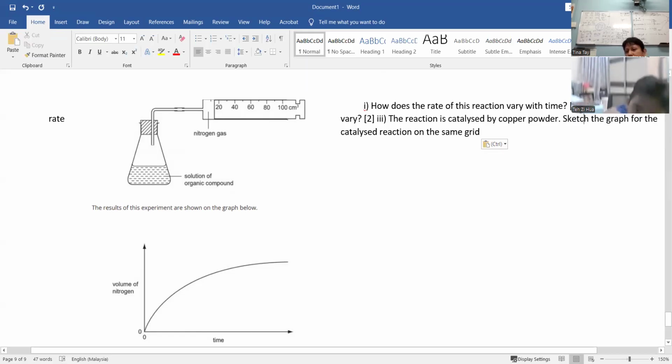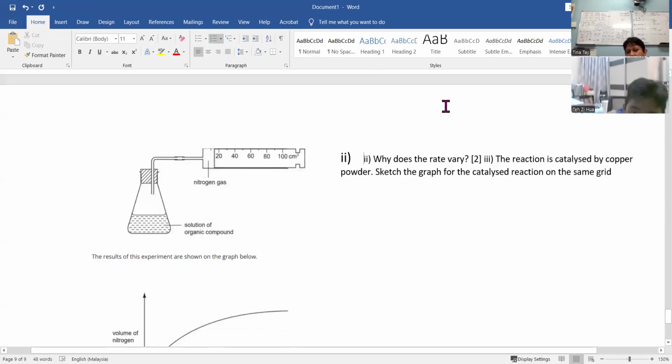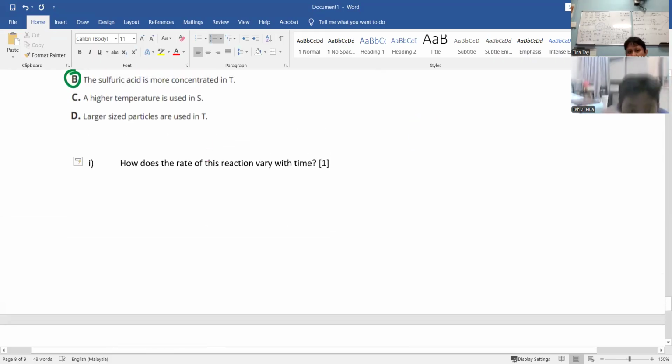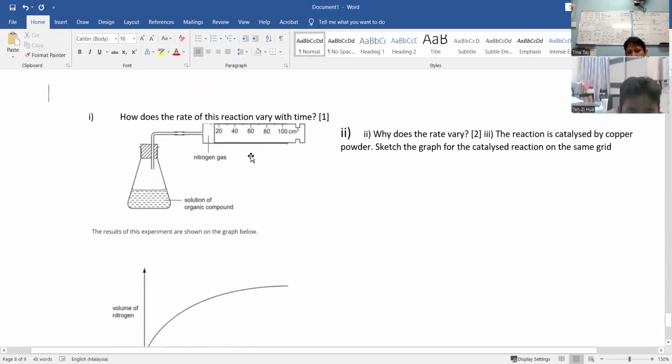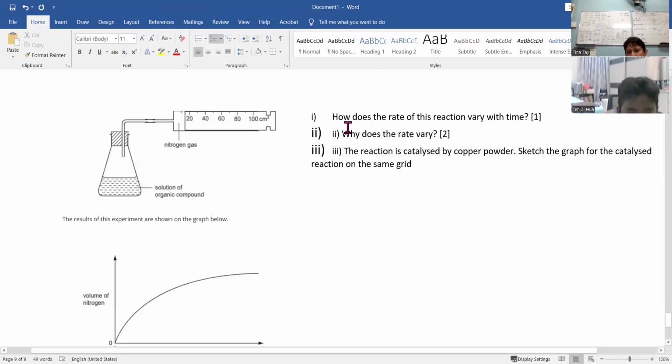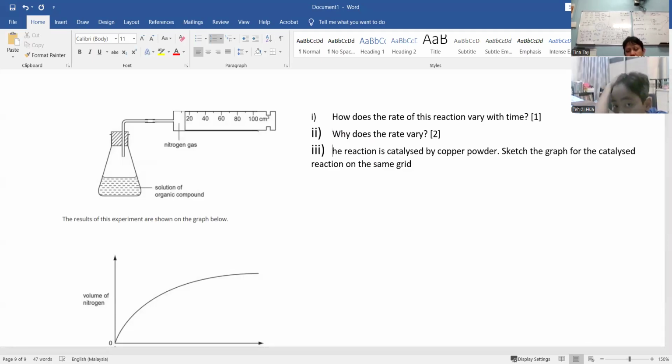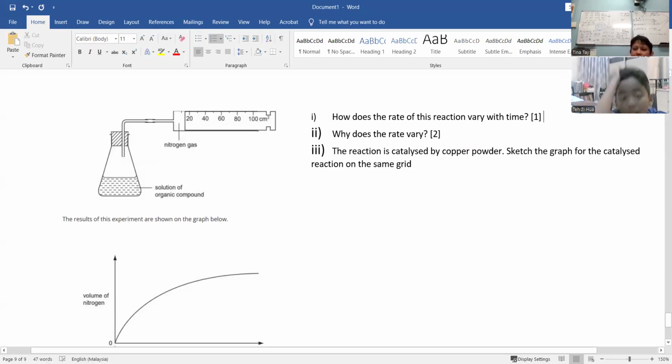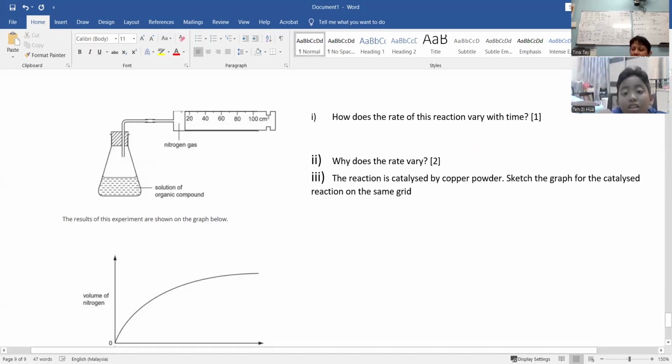You tell me your answer. I write for you. Okay, what's my question? As time increases, volume of nitrogen increases. Okay, so the rate of reaction in this question decreases. As time increases, rate of reaction decreases.